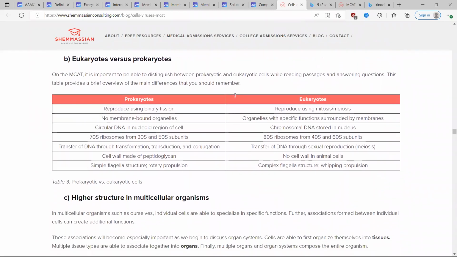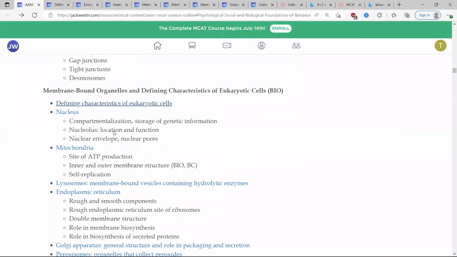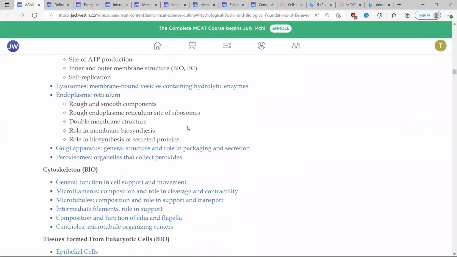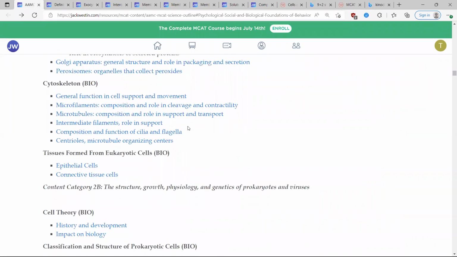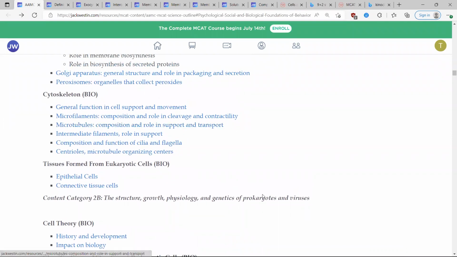Anyway, those are basically all the organelles and things to understand about cells in terms of organelles. Any questions about that so far? Let me see.